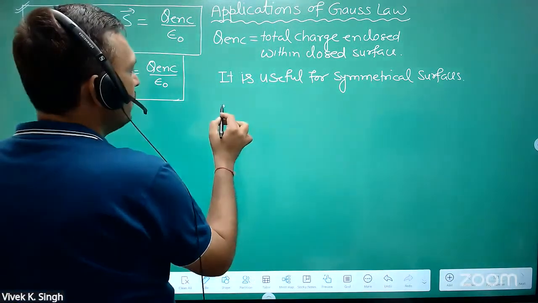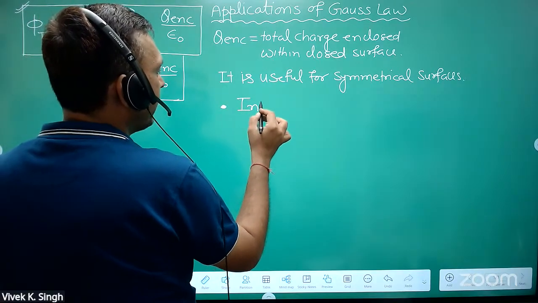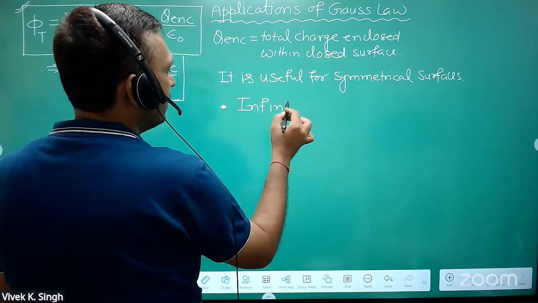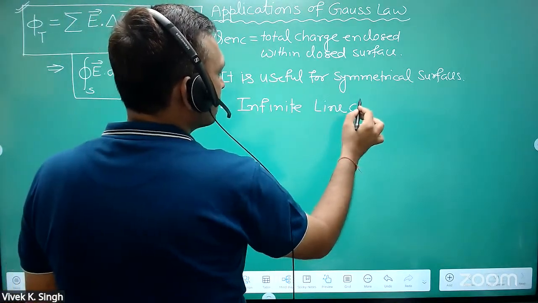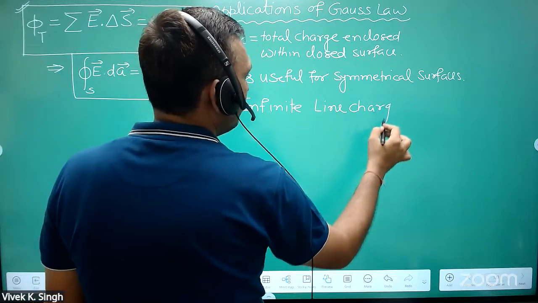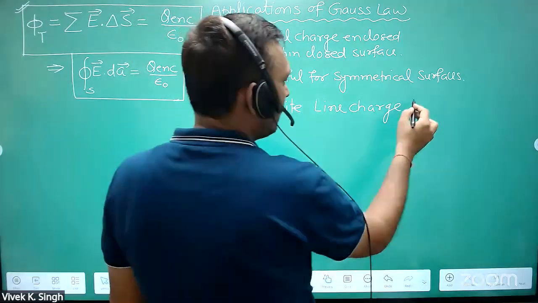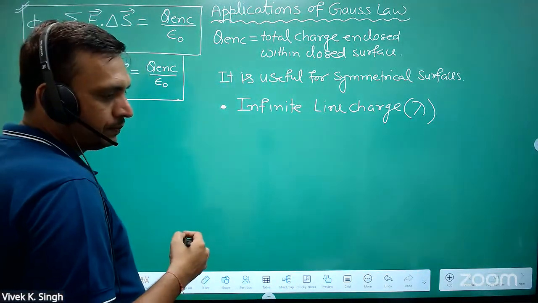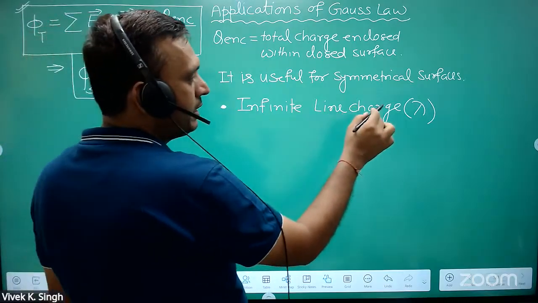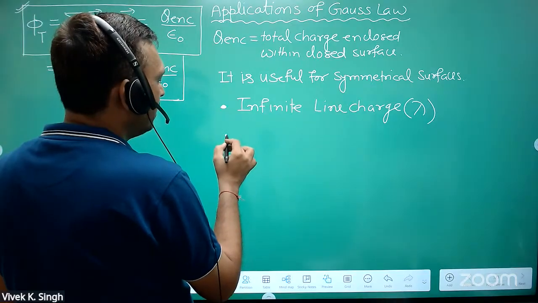So we will talk about infinite wire, infinite line charge. Field due to infinite line charge. Lambda is uniform line charge; lambda means charge per unit length, and that is uniform.